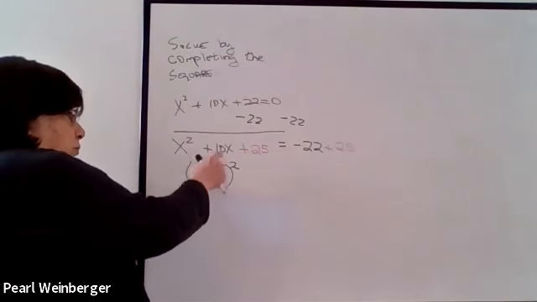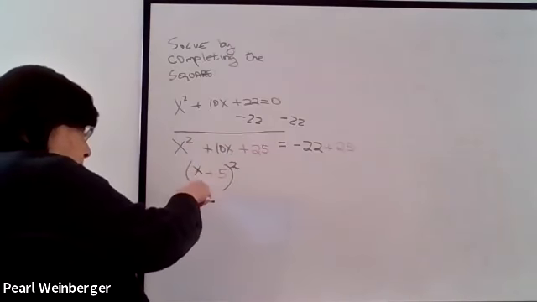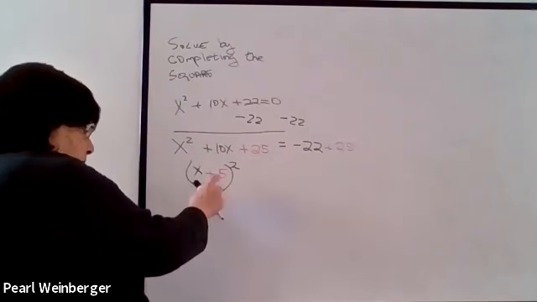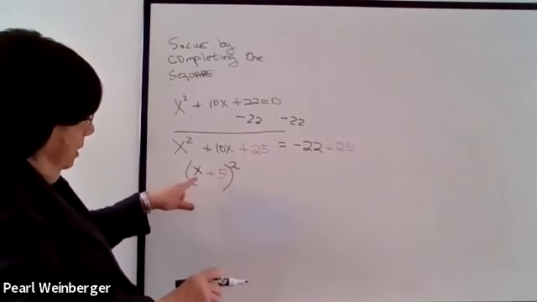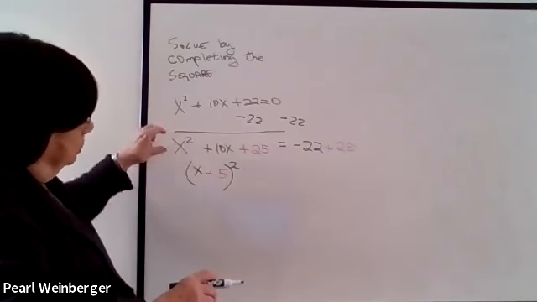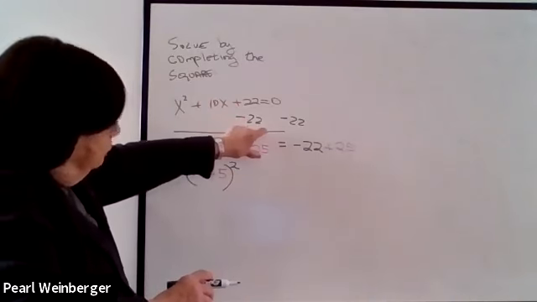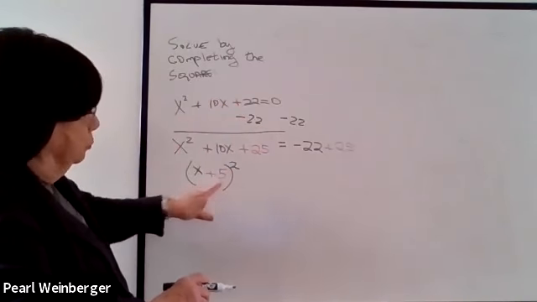The second term will always be half of this number. So the same process that allows you to figure out what this 25 is also gives you the number that goes into the parentheses. In other words, x squared plus 10x plus 25 in factored form is x plus 5 squared.